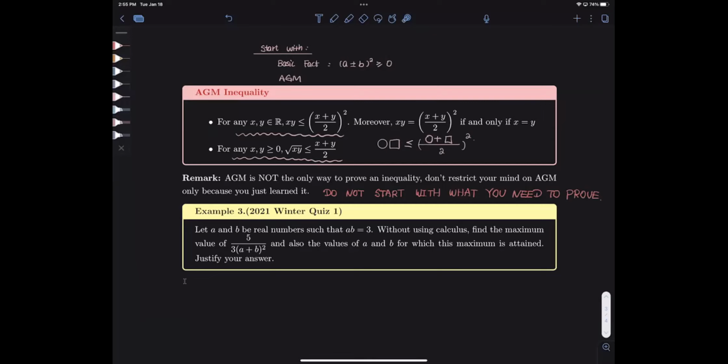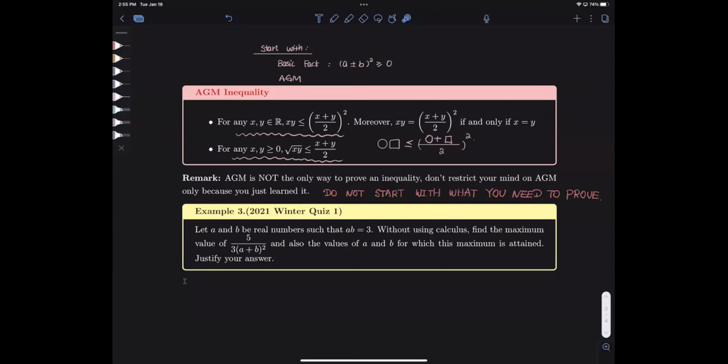Why do I do that? Because, well, this can be anything. Okay, don't restrict your mind to x and y or a and b. They can actually be anything. That is why we talk about this.